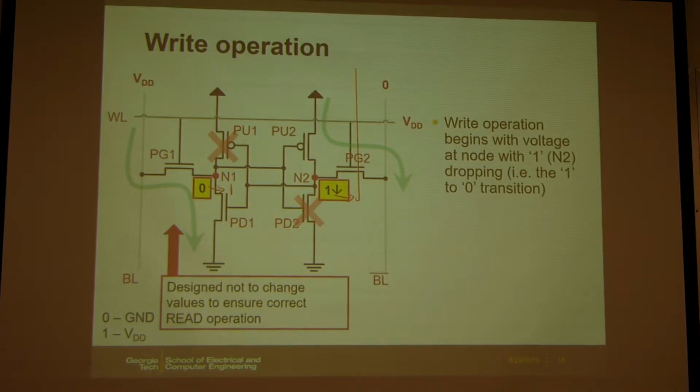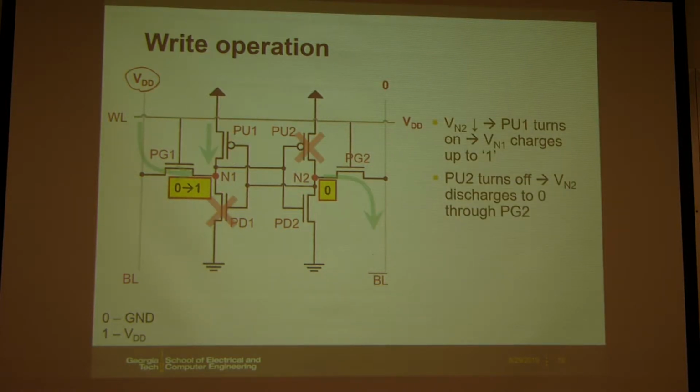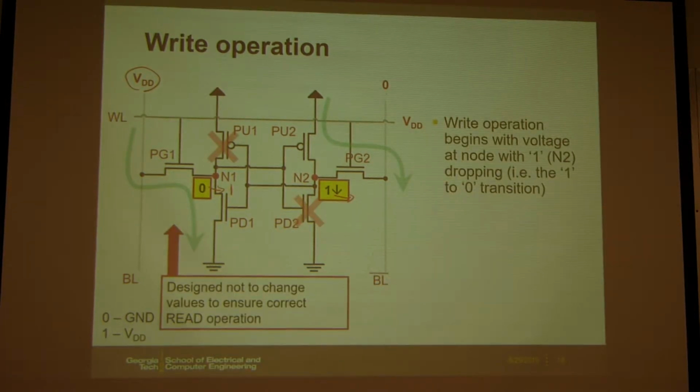Then what you want to do here is to provide the 1 to the bit line, which you apply VDD here, and then bit line bar, you apply 0, ground. Of course, then you turn on the word line. So then the N2 node will change from 1 to 0, and the N1 node will change from 0 to 1.